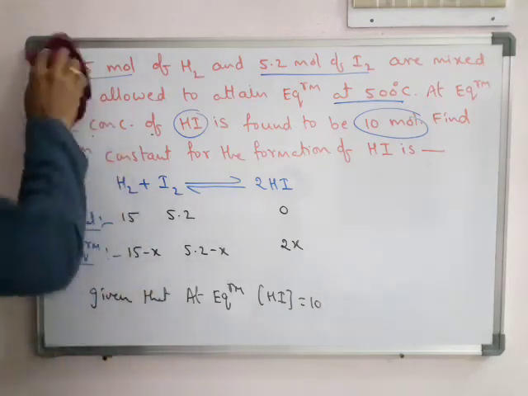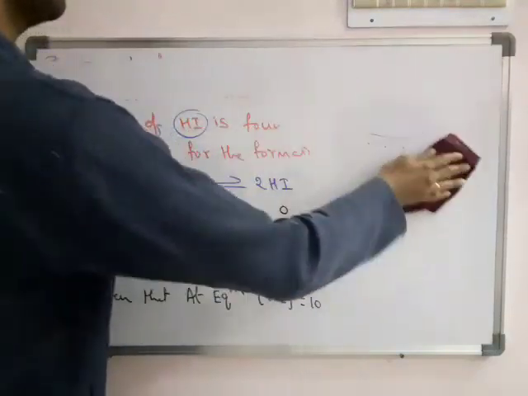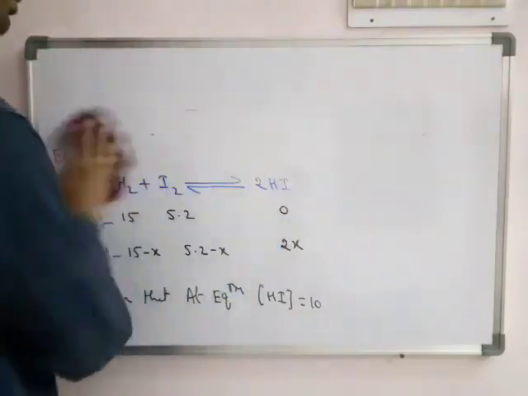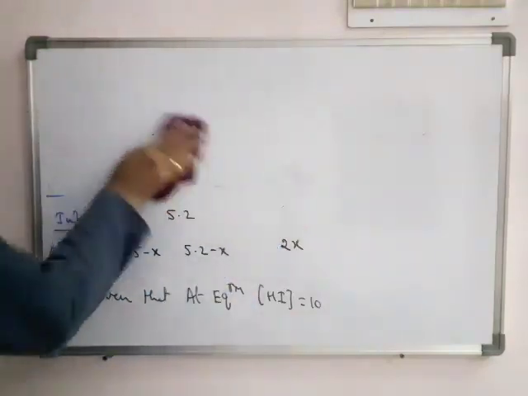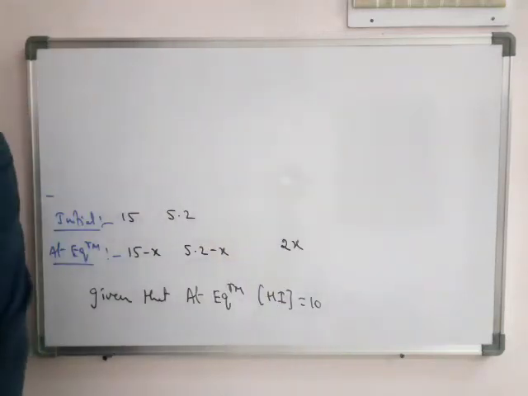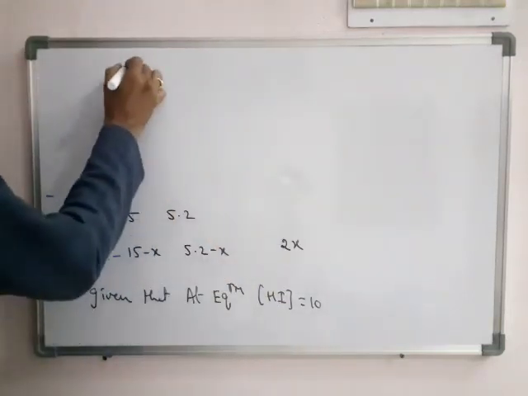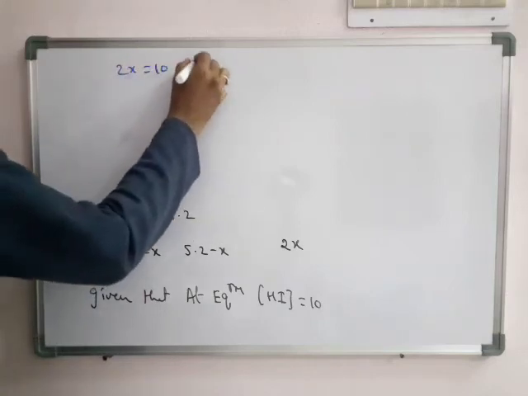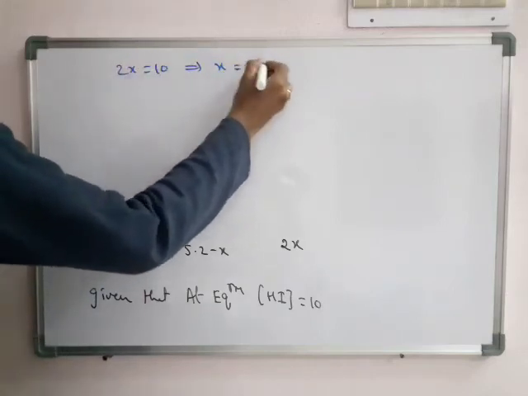So HI equals 10. In the general procedure we took HI equal to 2x, means the clue is 2x equal to 10. So therefore x equals 5. We got the x value.